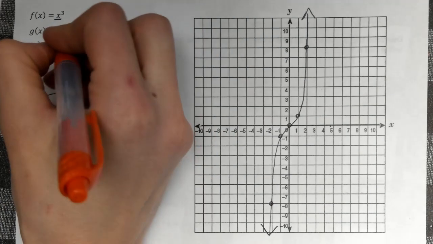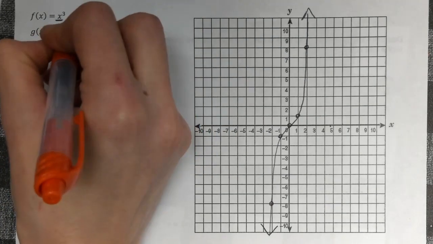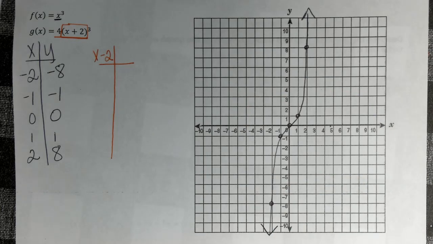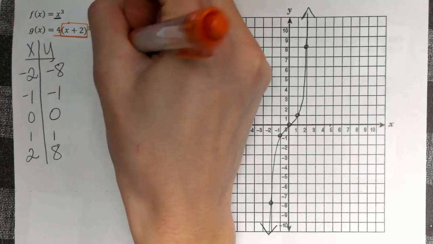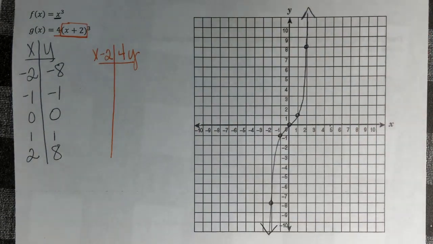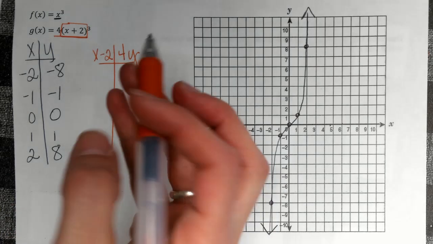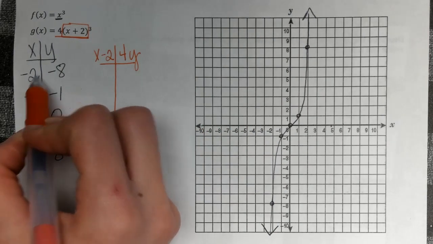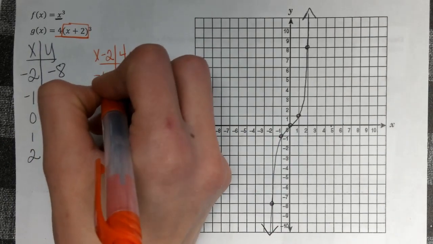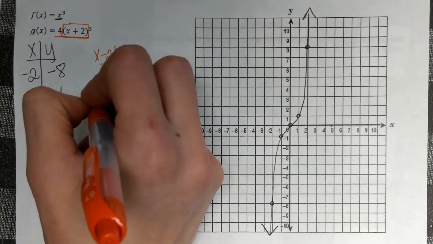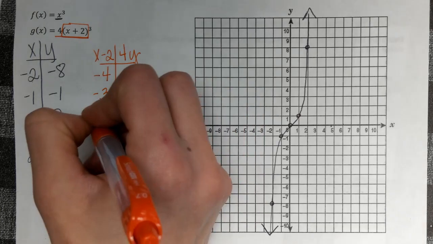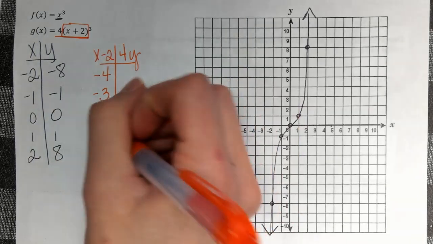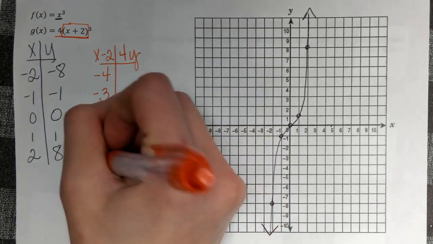And then whatever is outside my parentheses happens to my y. 4 is being multiplied by that, so I'm going to have a 4y. Okay, so I'm going to take my x values. Negative 2 minus 2 gives me negative 4. Negative 1 minus 2 is negative 3. 0 minus 2 is negative 2. 1 minus 2 is negative 1. 2 minus 2 is 0.